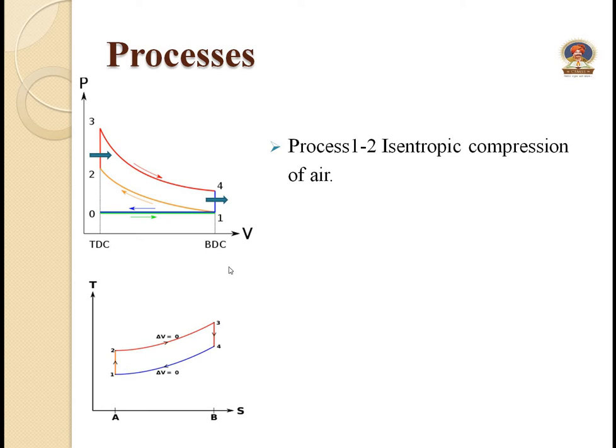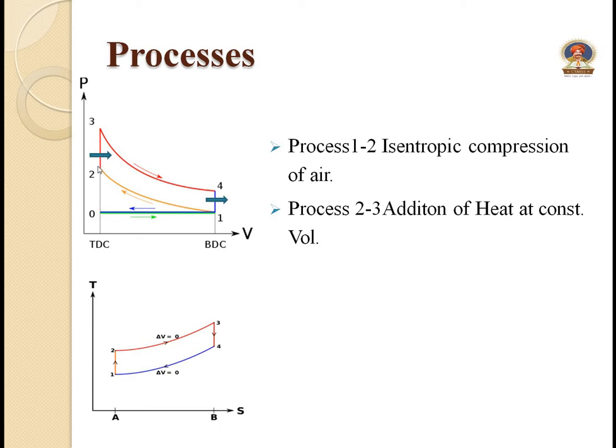The 1 to 2 process is an isentropic compression process in which volume goes on decreasing and pressure goes on increasing, and entropy remains constant. In the second process, process 2 to 3, addition of heat at constant volume takes place.